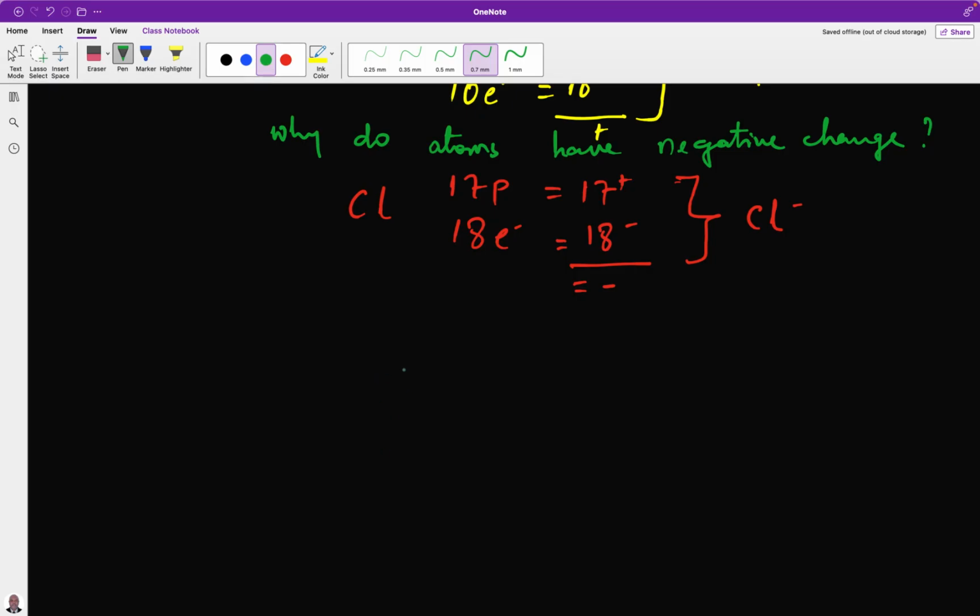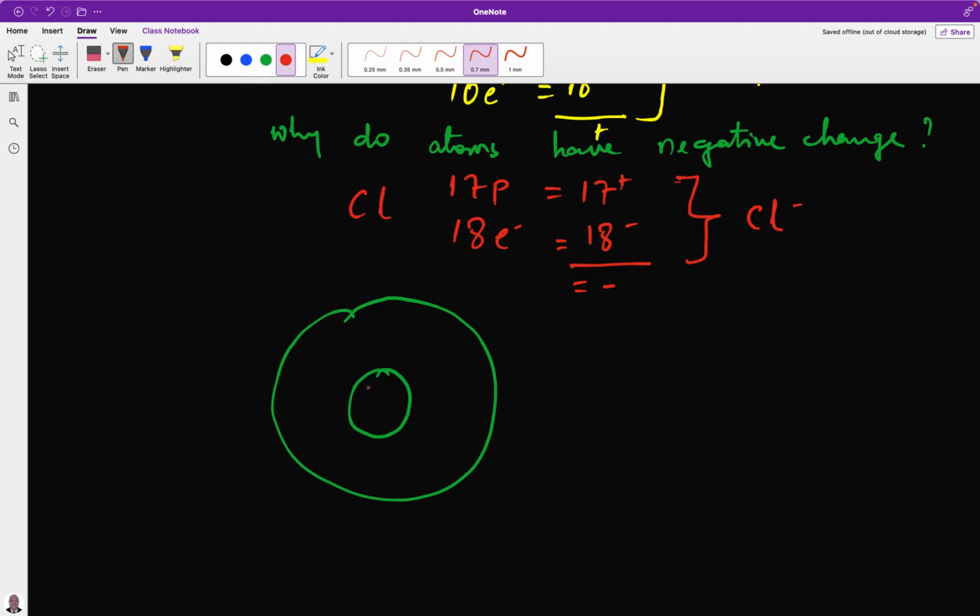You know that an atom is made of the nucleus. This is the nucleus of the atom, where we have the proton and the neutron.